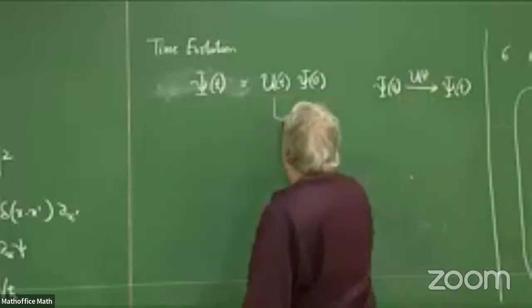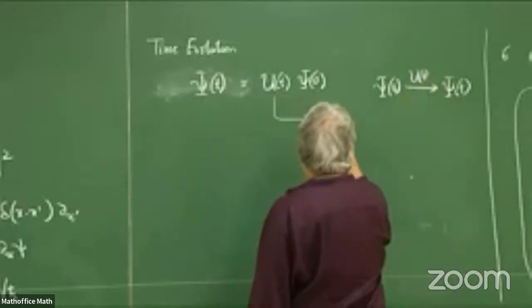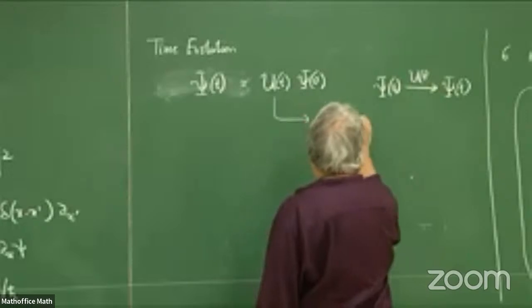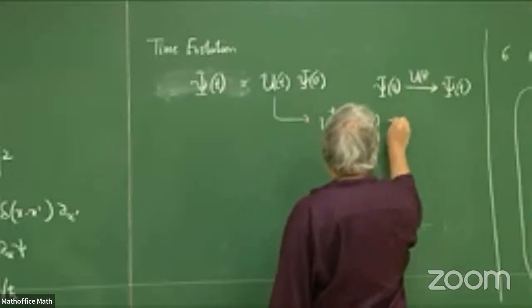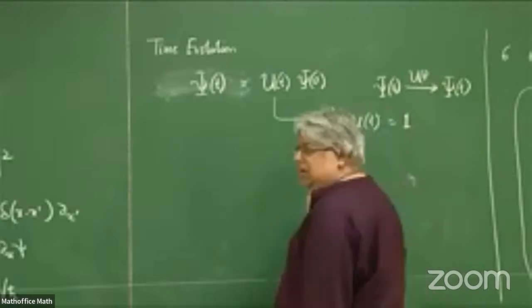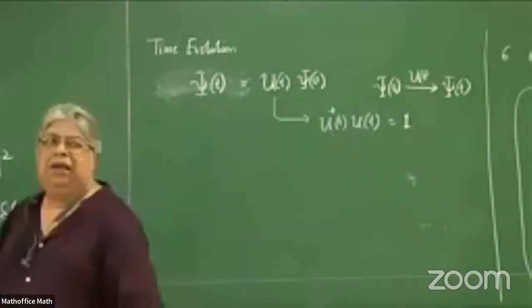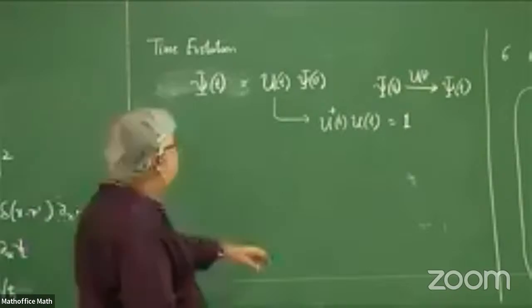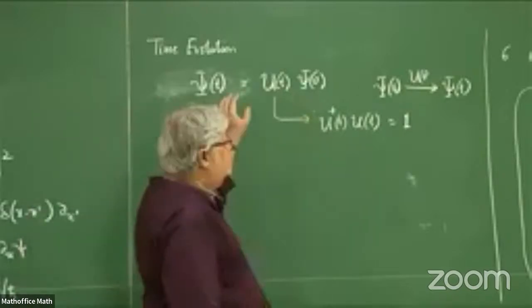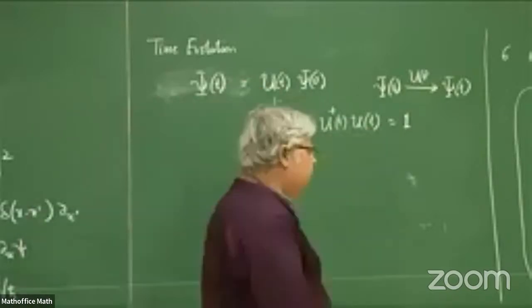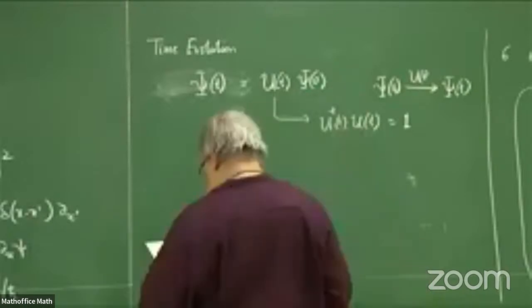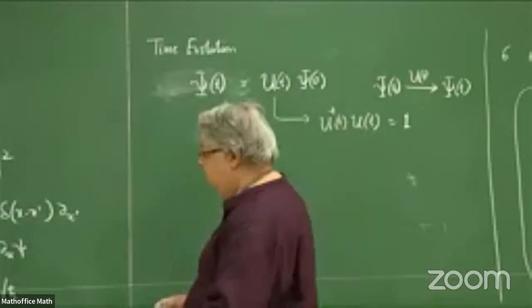What is the relation between psi at 0 and psi at t? It satisfies psi of t equals U of t acting on psi of 0. Now, why is that? That's the normalization. Both states will be normalized. If this is normalized, this is also normalized.